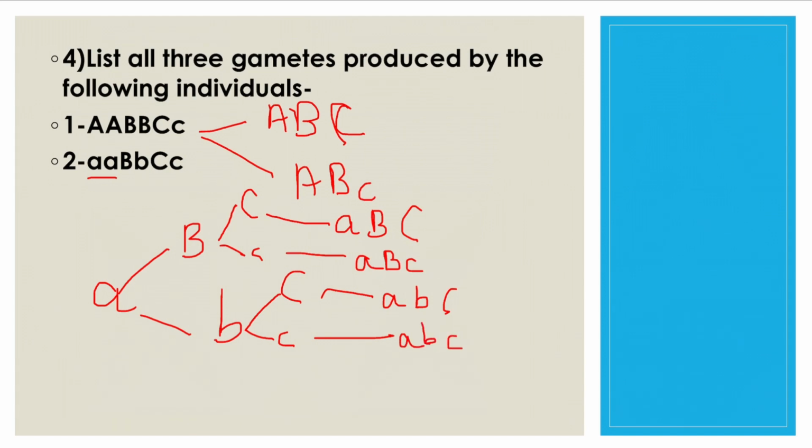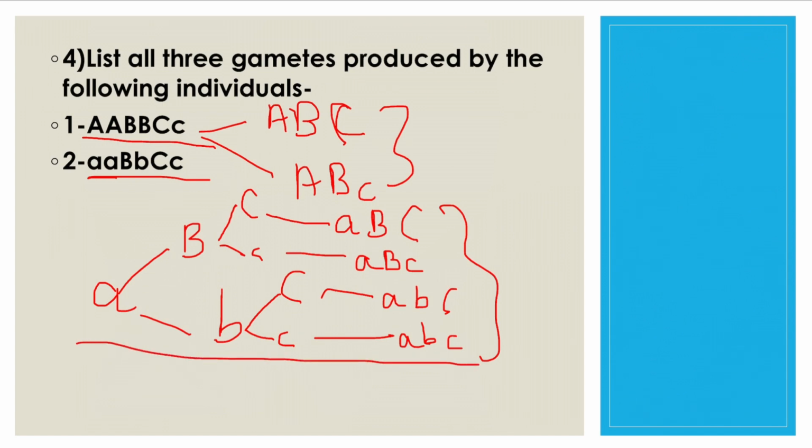You will form 4 kinds of gametes with this combination and 2 types of gametes with the other combination. You should always learn this method to form gametes. It's very easy and you can do it easily in exams also.